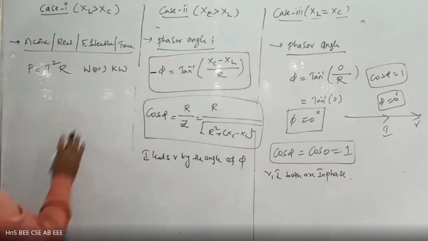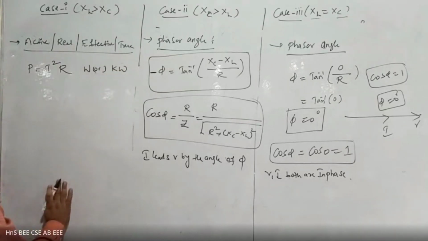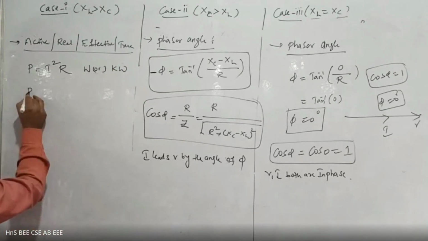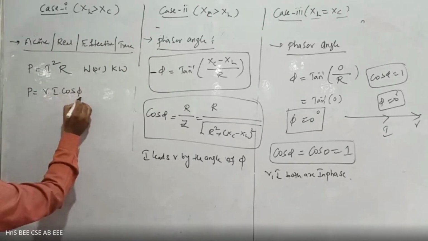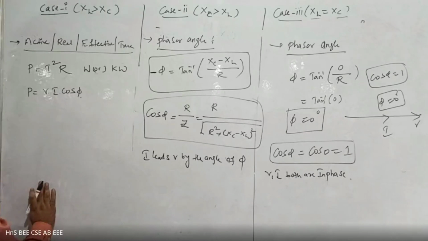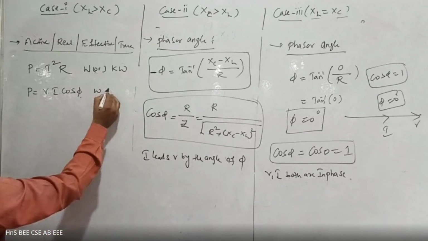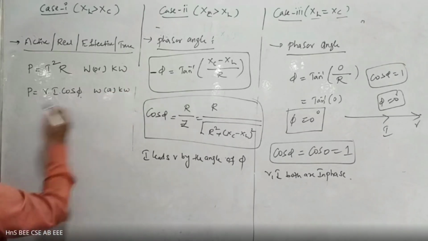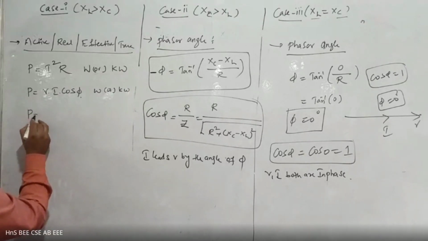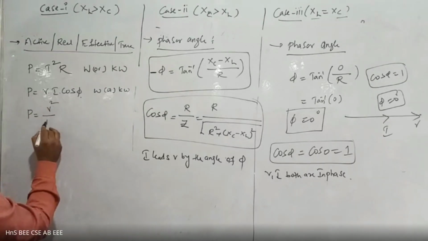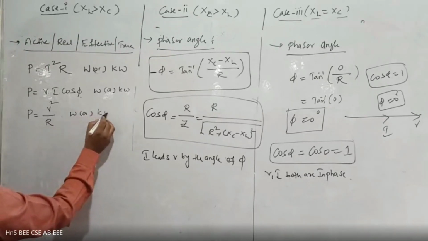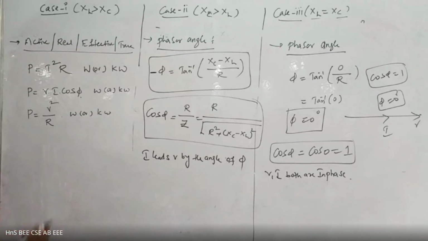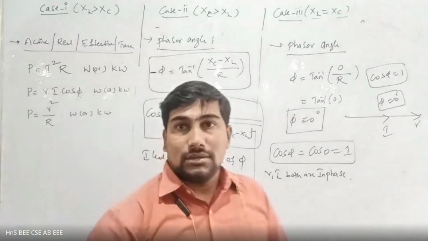We have another formula of active power, P equal to V into I into cos phi, and this is also in watts and kilowatts. And the next formula for active power is V square by R, and the units are the same. These are three important formulas to find the active power.